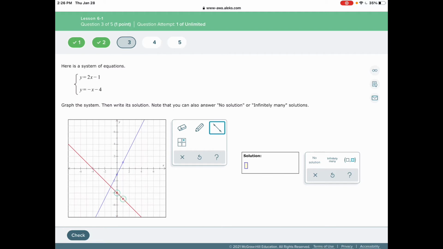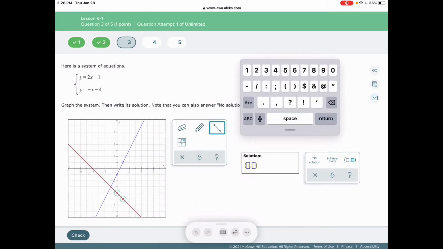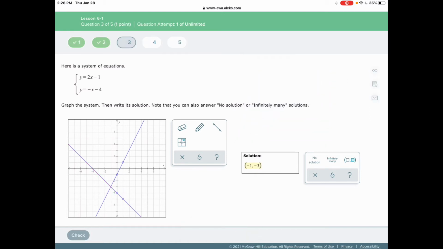And then we can see that they do cross at the point (-1, -3).